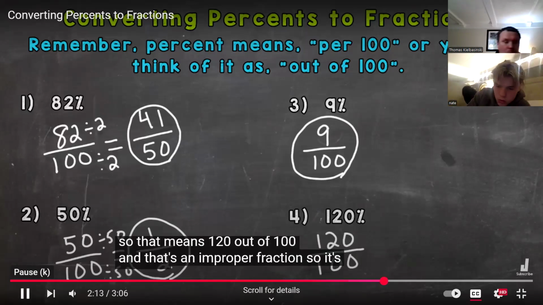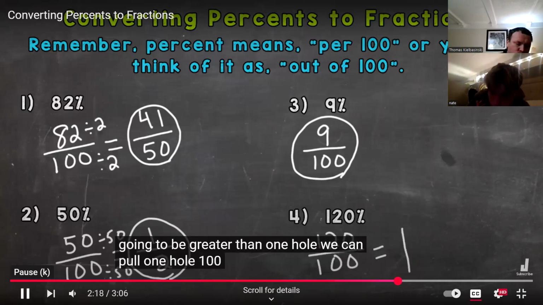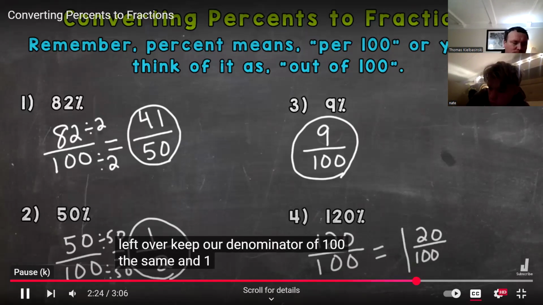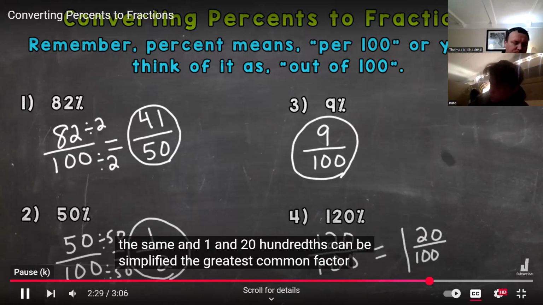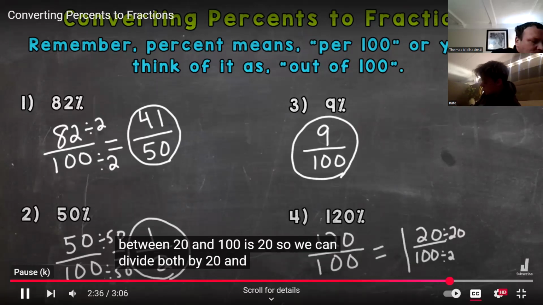We can pull 1 whole 100 out of 120 with 20 left over. Keep our denominator of 100 the same. And 1 and 20/100ths can be simplified. The greatest common factor between 20 and 100 is 20, so we can divide both by 20. And we get 1 and 1/5.